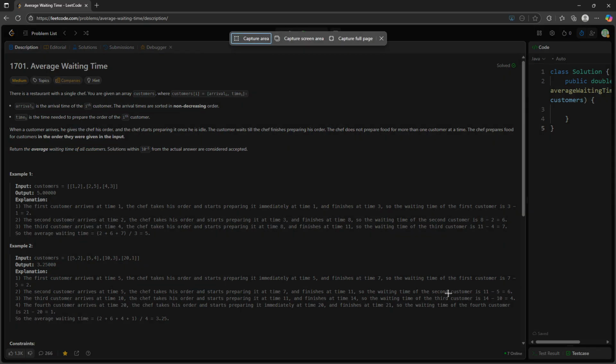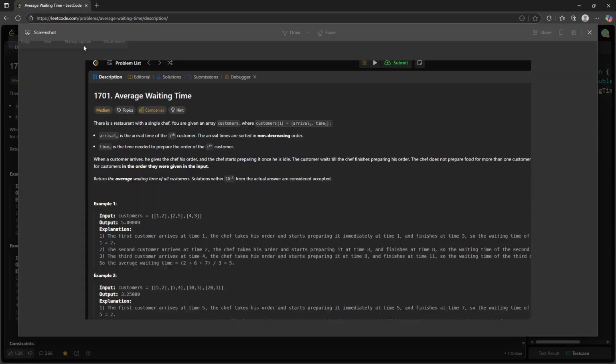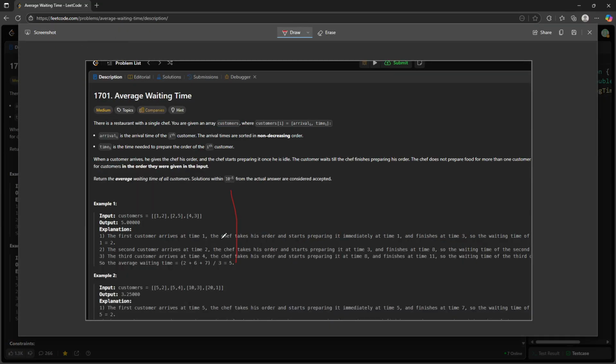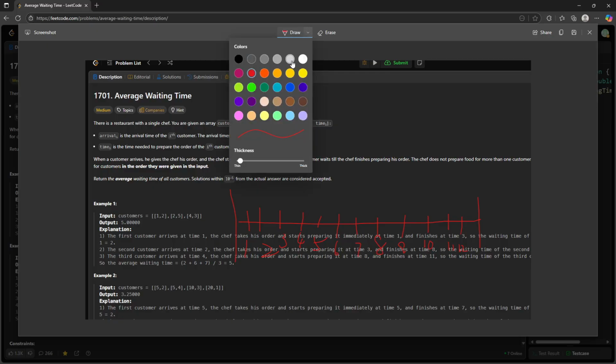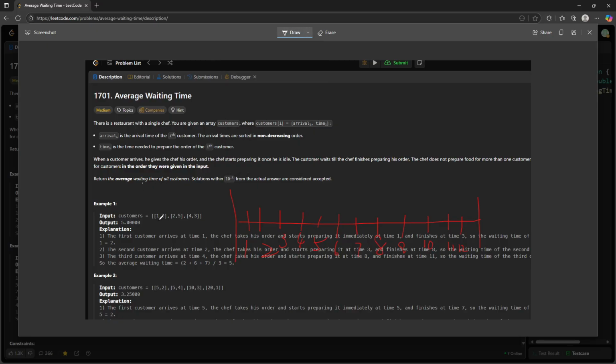So I'm going to draw a picture. It's going to be pretty easy to understand. Let's draw a bar: 1, 2, 3, 4, 5, 6, 7, 8, 9, 10, 11, 12, something like this. The first customer arrived at time 1. How much time does it wait? 2, right?